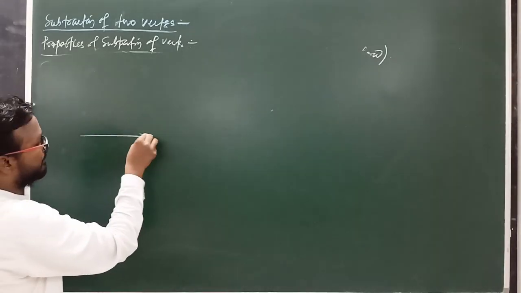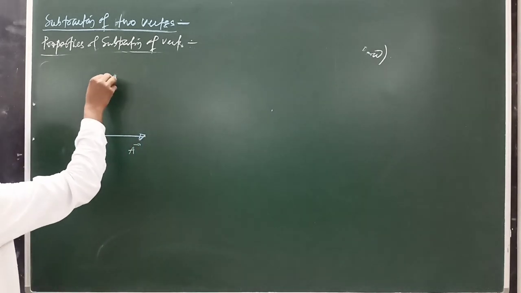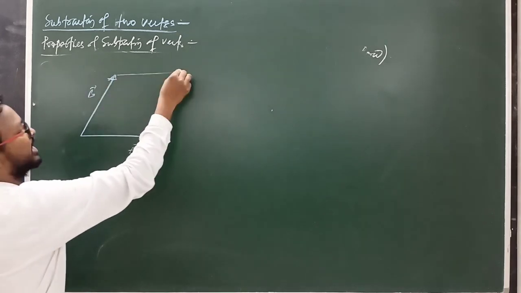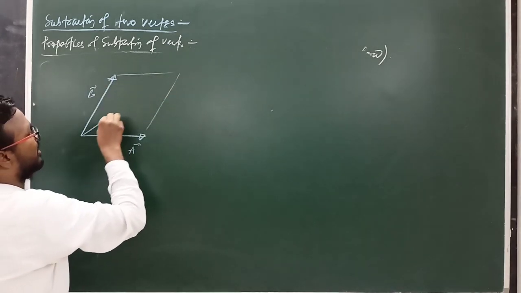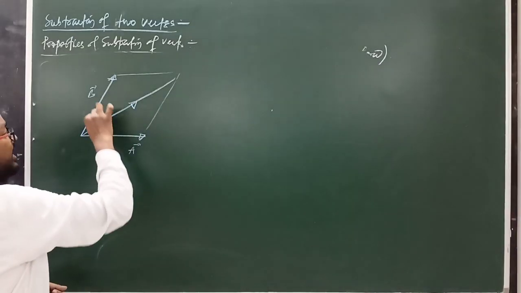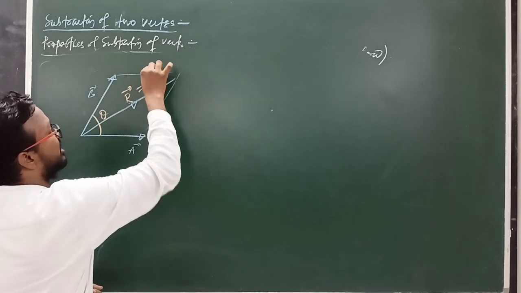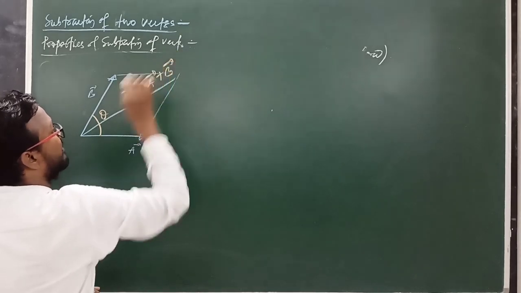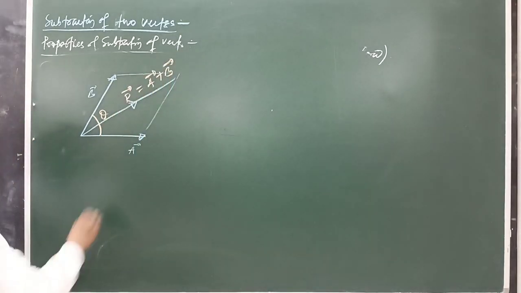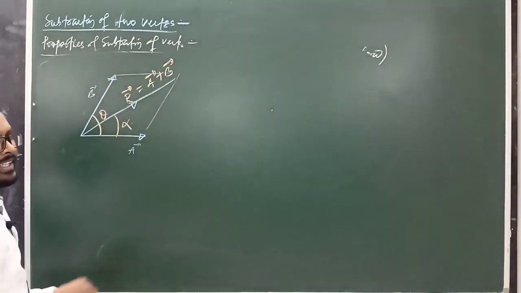Here A vector, and this vector is B vector, and this is the resultant of the two vectors, with angle theta, the R vector. We already proved in the parallelogram law of vector addition that A vector plus B vector is here, and this angle alpha is the direction of the resultant vector from A vector.